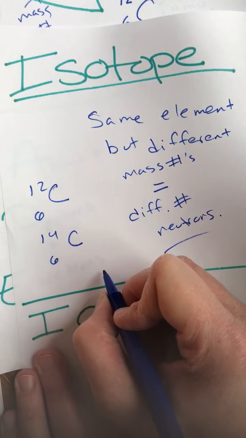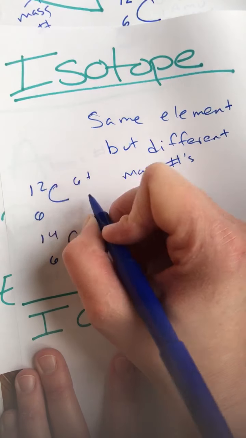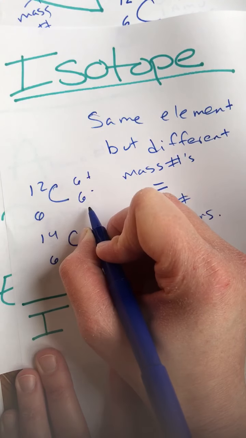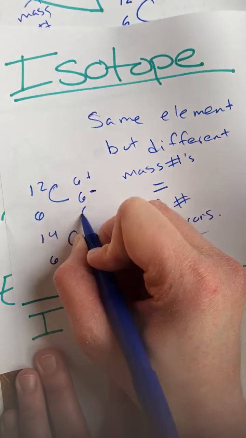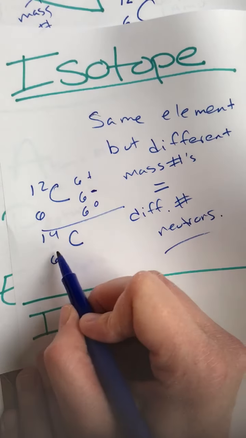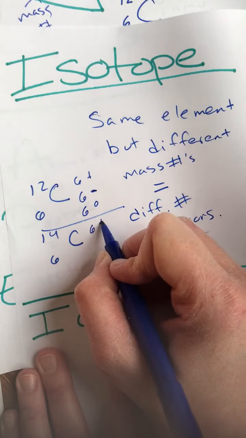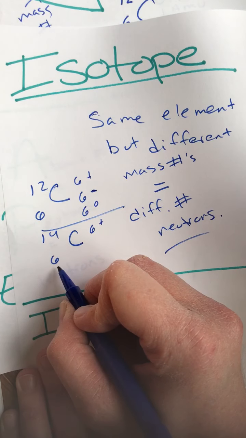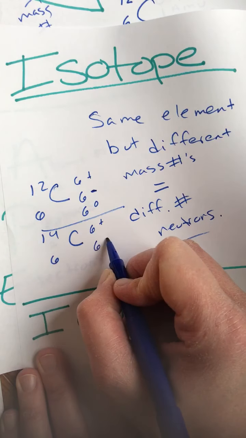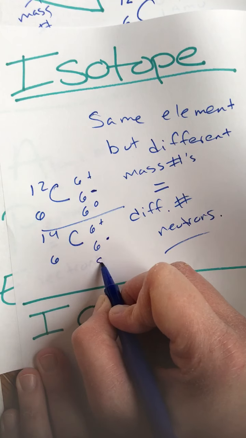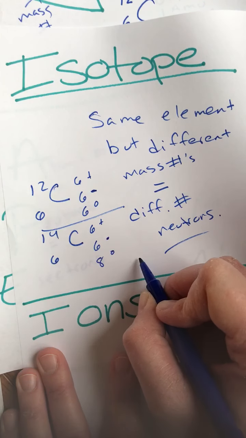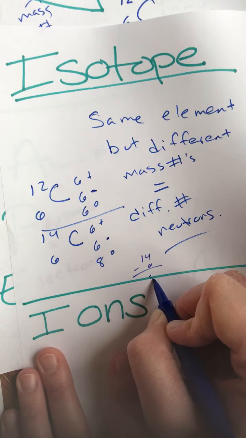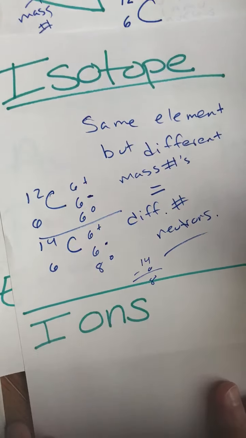Now, for carbon 12, they're going to have 6 protons, 6 electrons, and then my neutrons here would also be 6. But if I'm talking about carbon 14, I'd have 6 protons, because that's my atomic number, which equals 6 electrons. But this time I would have 8 neutrons, because 14 minus 6 would give me 8. Okay, so that's about isotopes.